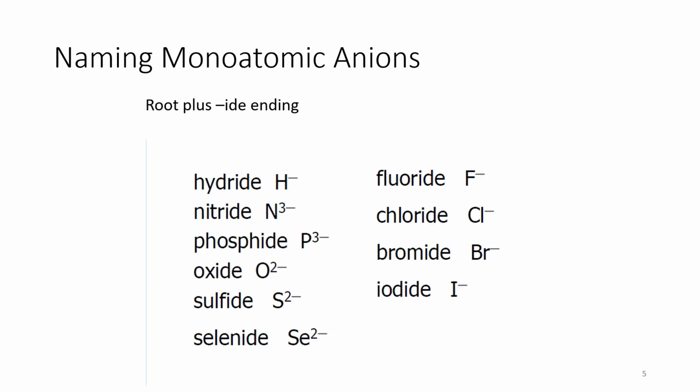So if we look at this first one, hydride, this is hydrogen. So we use just the stem, we drop the last part of it, and it just becomes IDE. We add that IDE ending at the end.